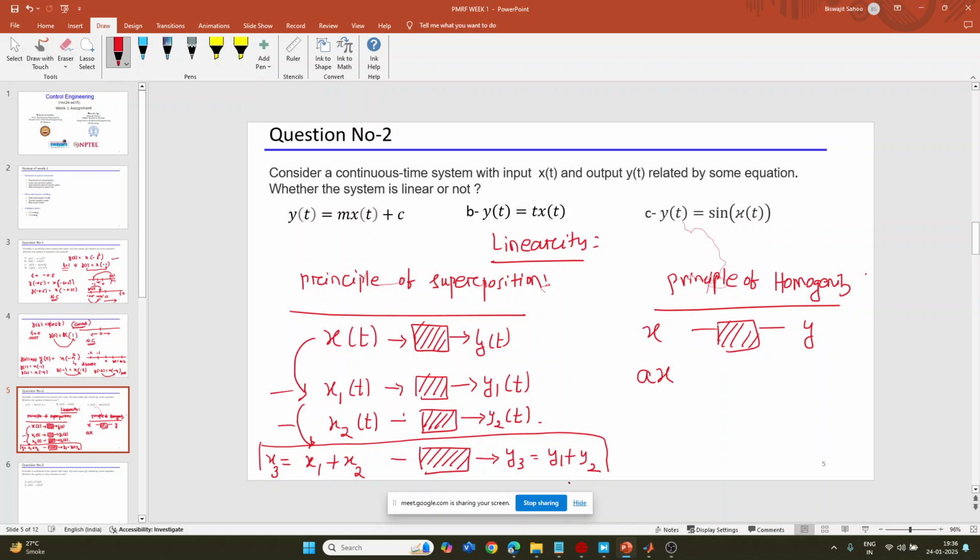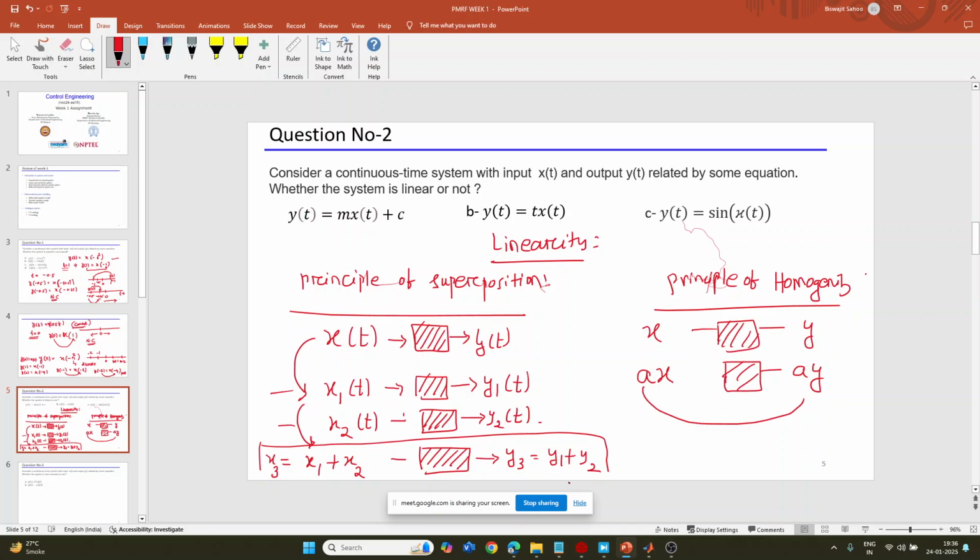If you apply a positive value, you scale up. If you apply a fractional value, you scale down. If you multiply a into x and the same scaling factor appears in the output y, then it is called the principle of homogeneity.